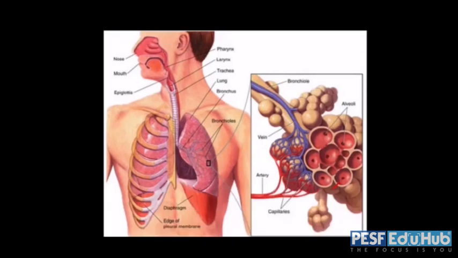The membrane of the alveoli is very thin, permeable, moist and vascular. Therefore, gas exchange takes place between blood and the lungs through the alveoli. The alveoli are the gas exchanging surface. Again, the structure: nasal cavity, nasopharynx, larynx, trachea, bronchus, bronchioles, alveoli.